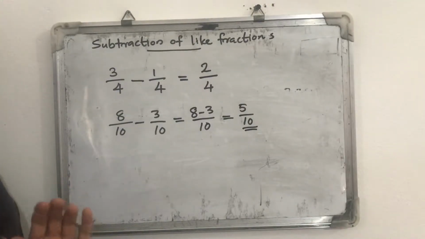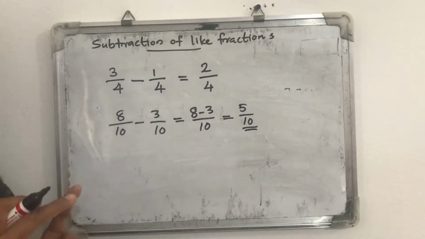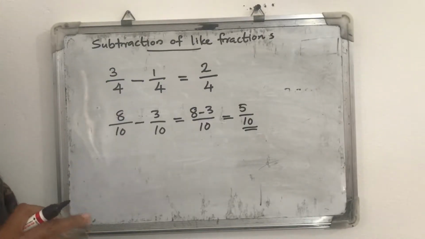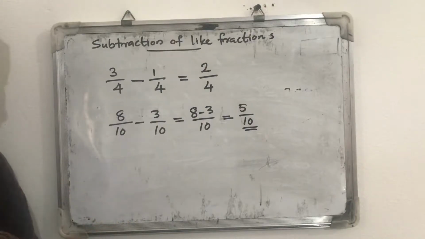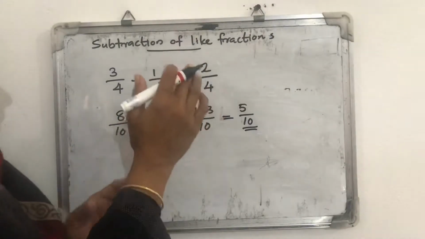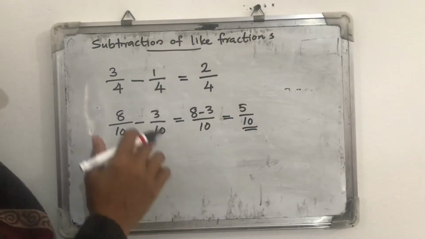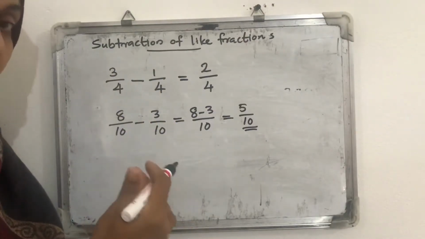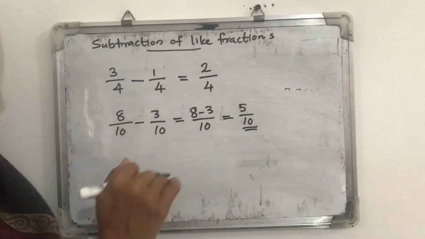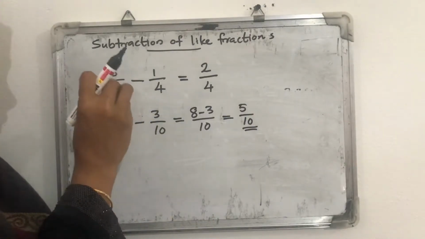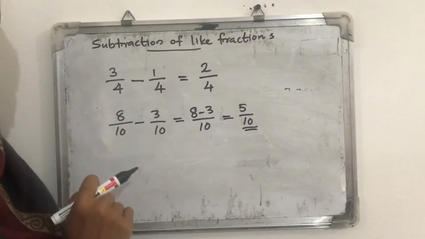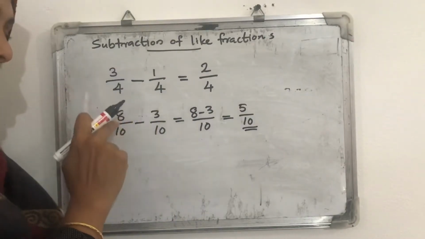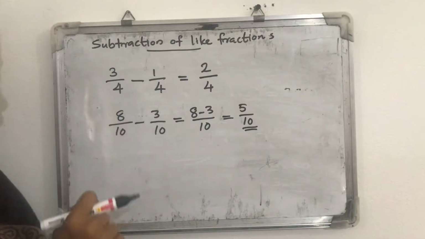Only subtract the numerators, don't subtract the denominators. In the case of addition also we must take care, don't add the denominators. The denominator of the answer will be the same in both cases, addition and subtraction. Only do the work in the numerator part. If it is addition, we add the numerators. If it is subtraction, we subtract the numerators.